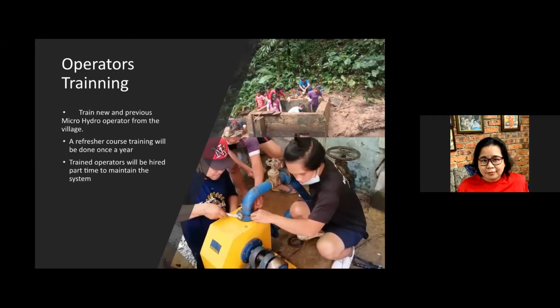In the operators training, we will train new and previous micro hydro operators from the village, and a refresher course will be done once a year. Trained operators will be hired part-time to maintain the system. So in a way, the trained operators will be paid accordingly to the work that they've been doing.